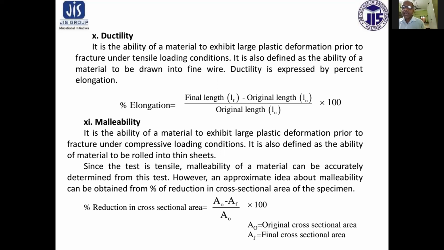However, approximate data about malleability can be obtained from the percentage reduction in cross-sectional area of the specimen. That is given by A0 minus AF by A0 into 100, where A0 is the original cross-sectional area and AF is the final cross-sectional area.